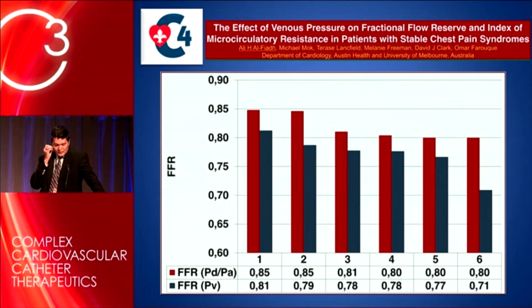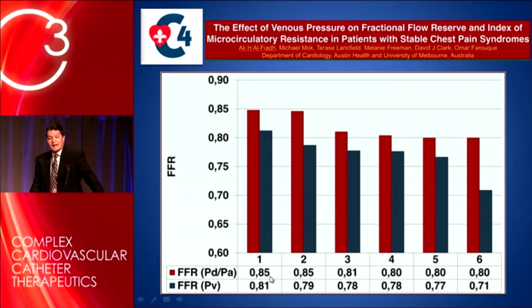I told you I'd talk a little bit about venous pressure. In this study, which was a poster that was presented and subsequently was published, you can see that of about 50 patients, there were 6 patients who had what they called borderline FFRs, and that's the FFR that's in the red, somewhere between the 0.8 to 0.85 range.